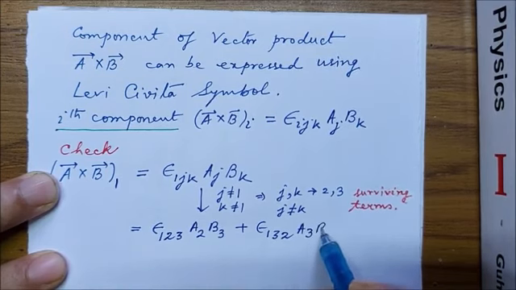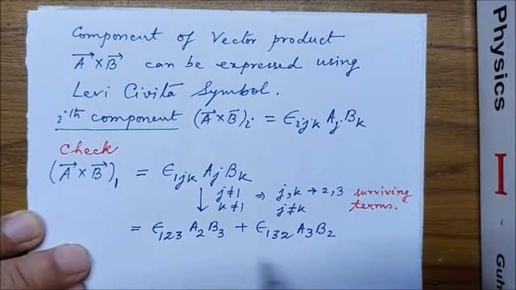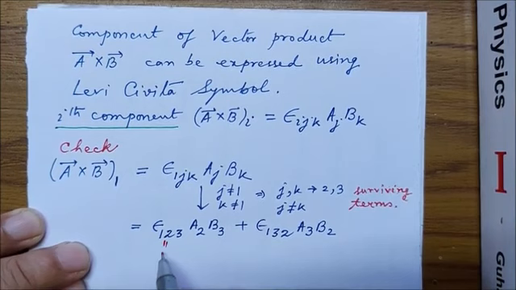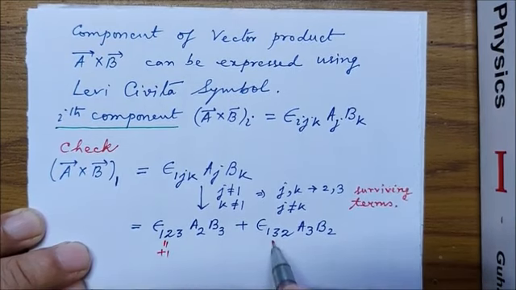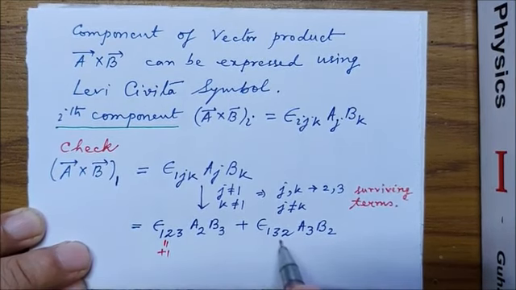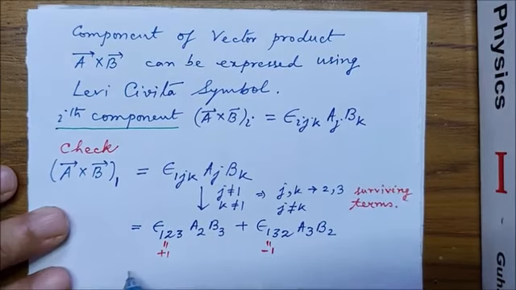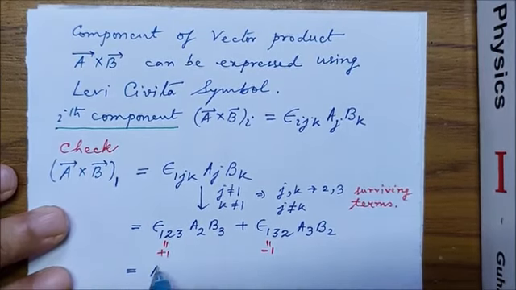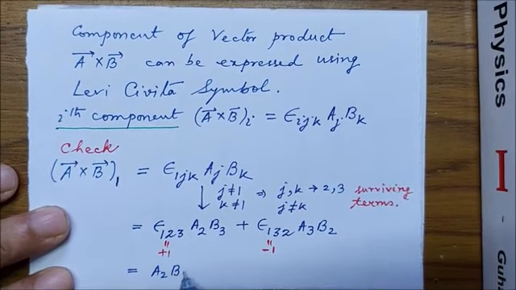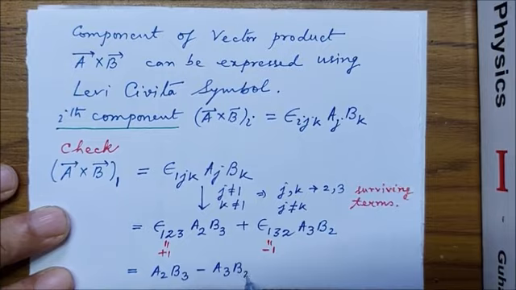So it is A3 B2. Now this is plus 1, and here because of anticyclic occurrence of the indices it is minus 1. So we have A2 B3 minus A3 B2.